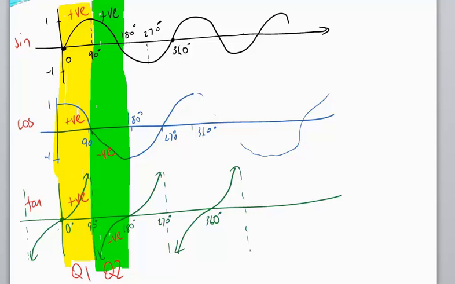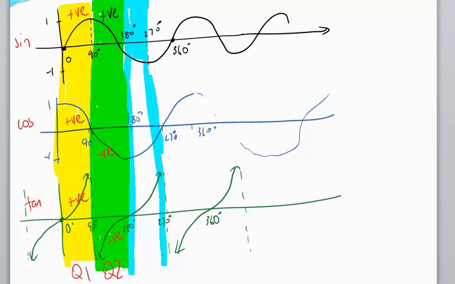If we look at our third quadrant between 180 and 270 degrees there. Okay, so in this third quadrant, we can see we only have one that's positive there. So our quadrant 3, our tangent is positive, our cosine is negative, and our sine is negative here.